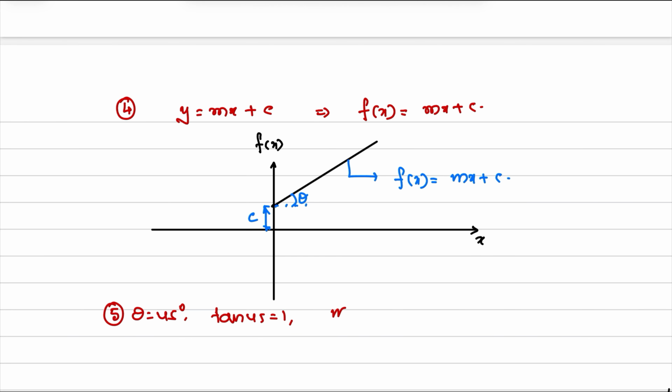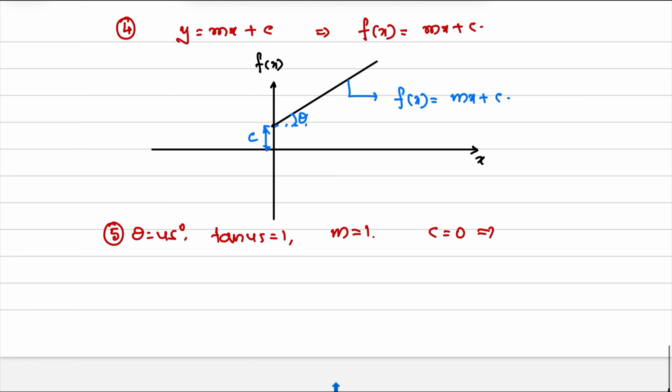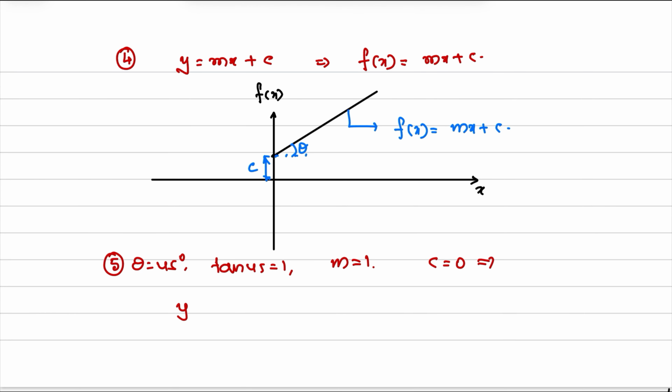That means my slope m is equal to 1 and my intercept C is equal to 0. What happens? The straight line becomes y is equal to x, because m is equal to 1, C is equal to 0. If you substitute, y is equal to x. That means function x is equal to x.